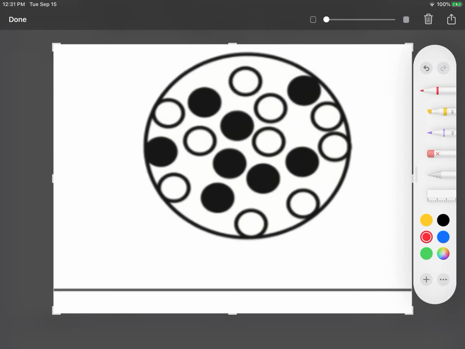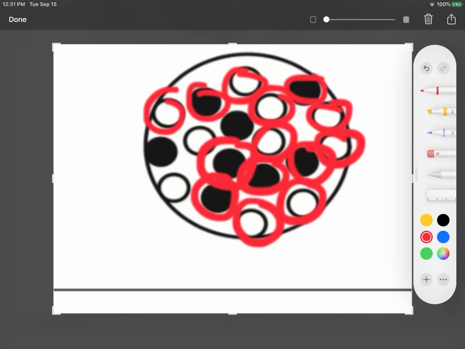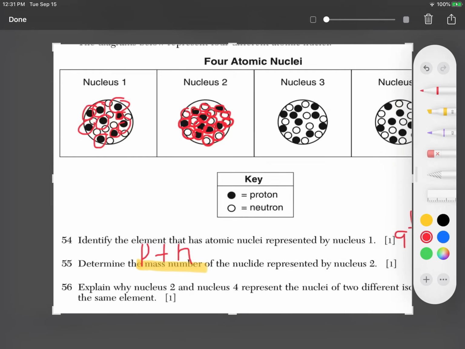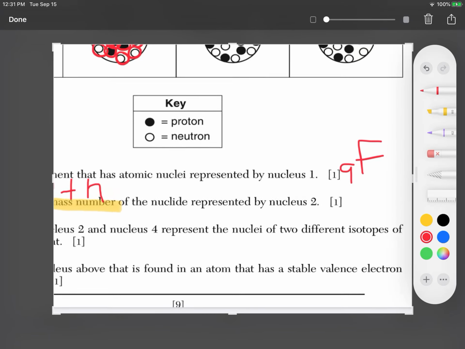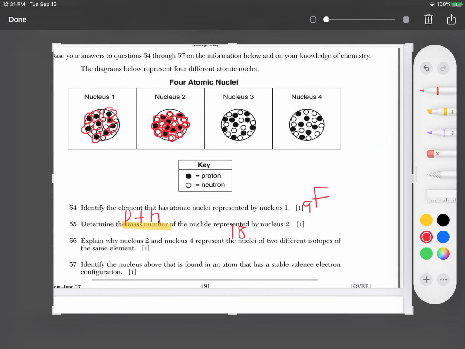Let's do it right now. 1, 2, 3, 4, 5, 6, 7, 8, 9, 10, 11, 12, 13, 14, 15, 16, 17, 18. There are 18 particles there. So the mass number would simply be 18.